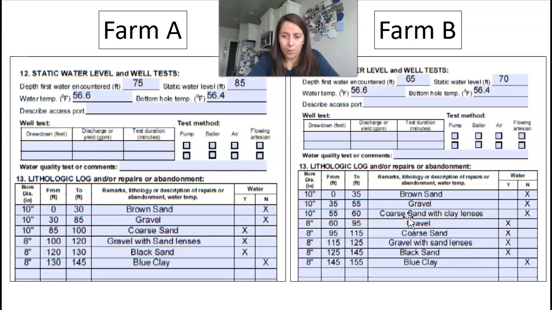So how is that going to look? We don't know yet. What I'm going to go ahead and do is draw the gravel going all the way from 35 to 95 without any interruptions, and then I'll go ahead and input this coarse sand with clay lenses later on. So when I draw that huge gravel layer, I'm going to be able to correlate it to this other gravel on farm A.